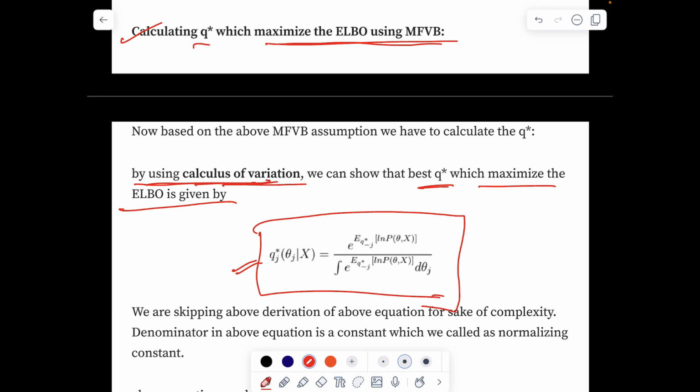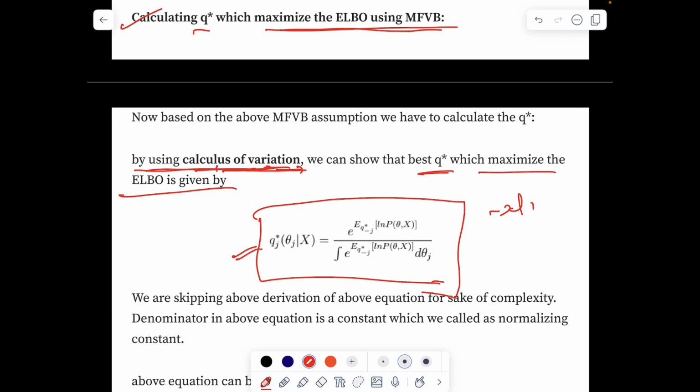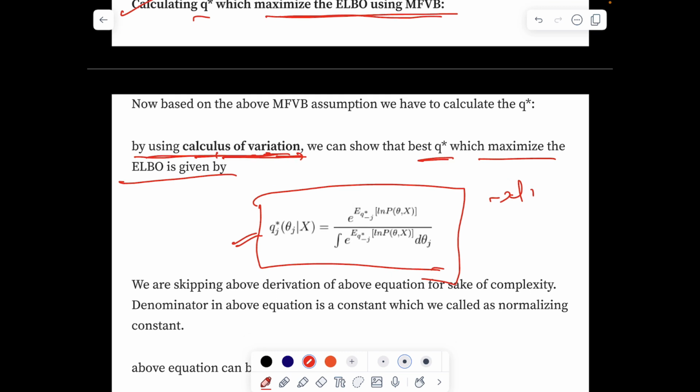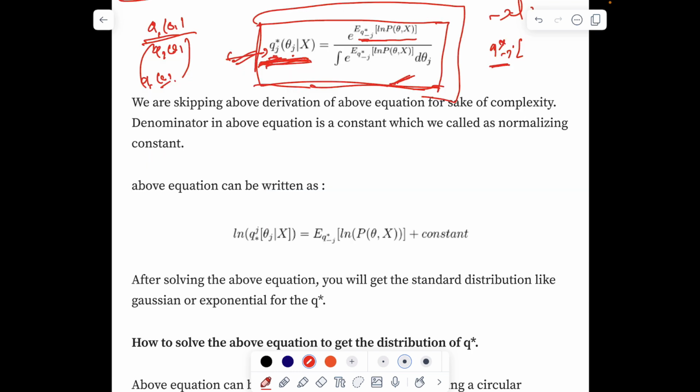If you want the detail, you can always look into the literature. To keep mathematical jargon outside the scope of this video, I just wanted to give you a concrete overview that by using calculus of variations you can come up with this solution.